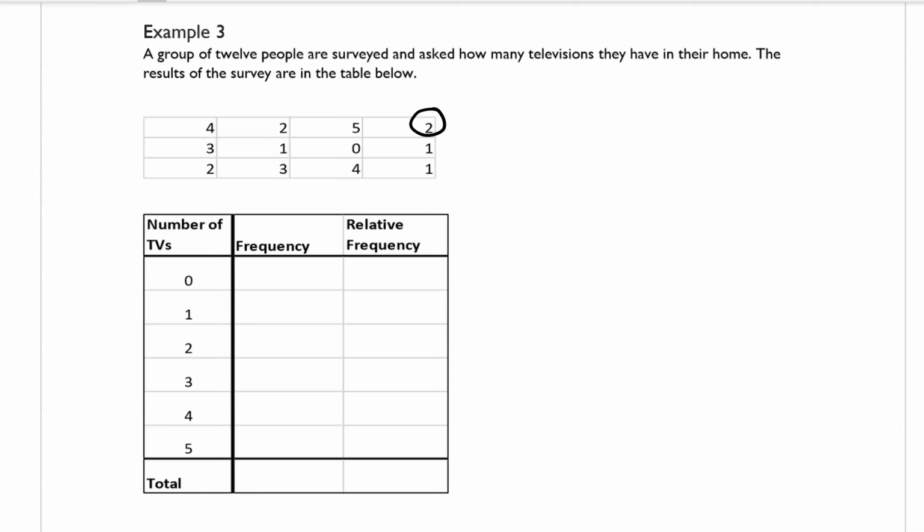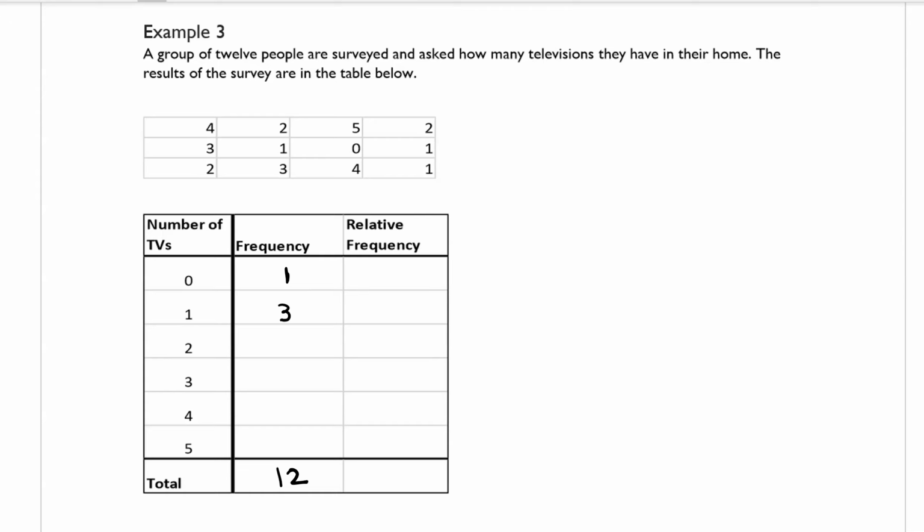So there are a total of 12 people that were surveyed. So if we fill out our frequency table correctly, we should get that there are 12 total people there. So let's go ahead and fill this out. So the number of people that responded 0 is 1 person. The number of people that responded 1 TV is 3 people.